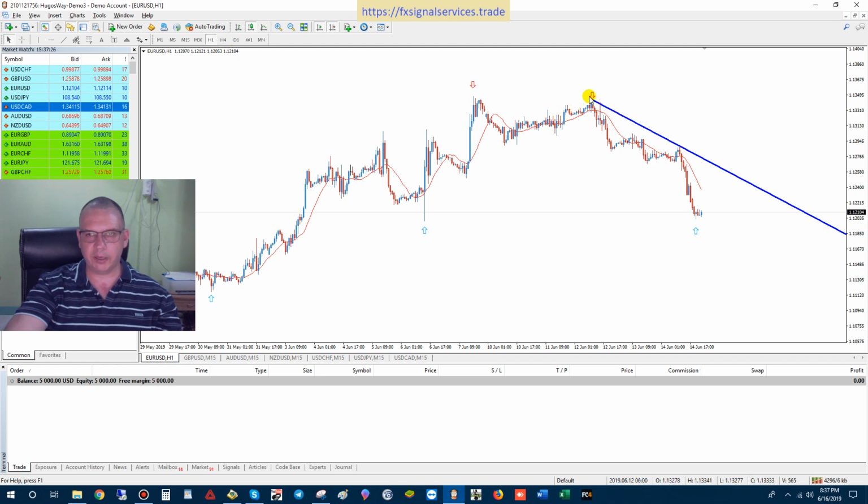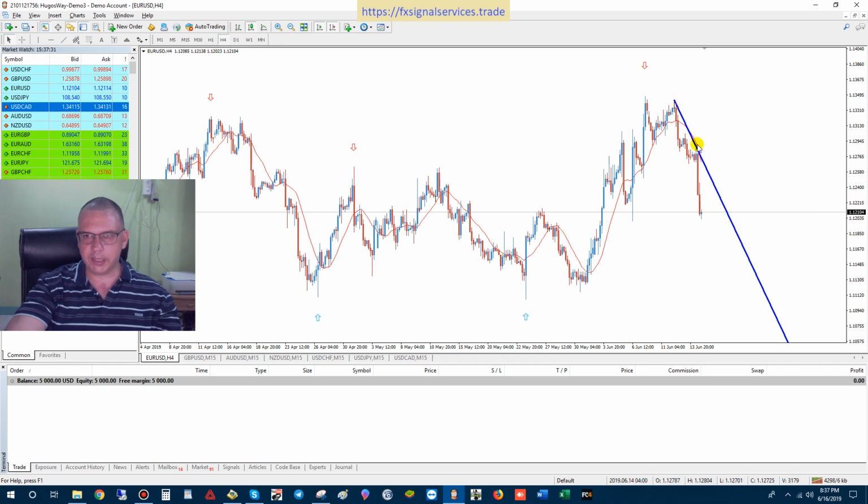Now if I go by this line here and look at the H4, we see that yes, this is the downtrend forming. So what I predict is going to happen, between the H1 and H4, is that this is going to come up, touch this trend line, and then shoot down even further. It's probably going to go back down to where this support level is here. Okay, so overall this week we can expect a bearish market.